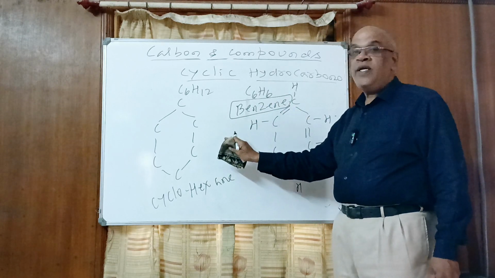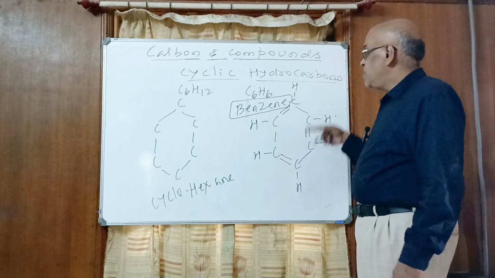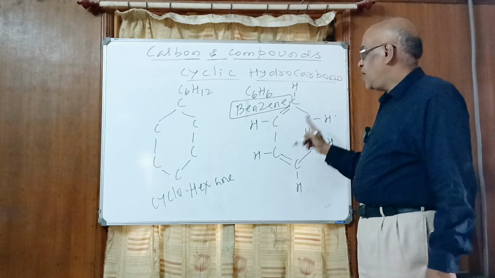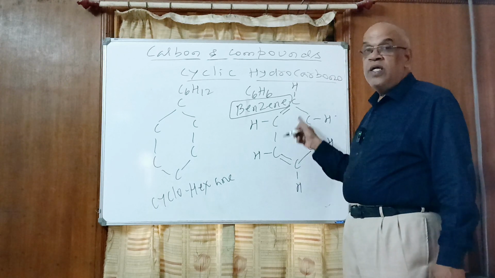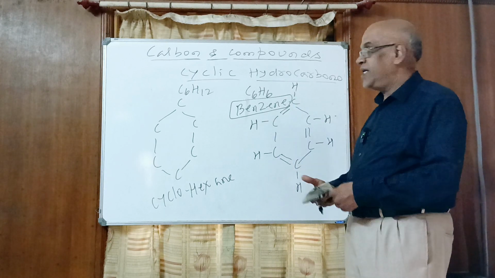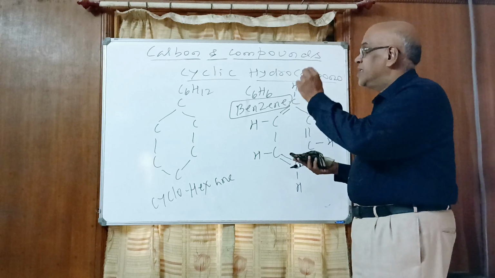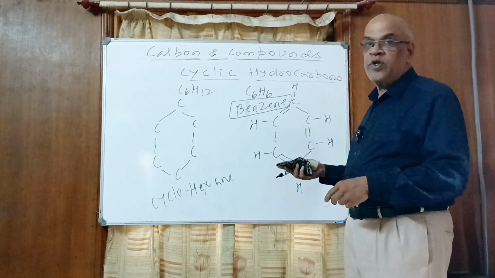And in naming, please be careful. Blindly, what do you say? There are 6 carbon atoms, hexane, cyclohexane. No, there is a double bond between alternate carbon atoms. It is benzene. Again, I am highlighting. Understood, children? So, this is the end of cyclic hydrocarbons. We will proceed to the next topic.